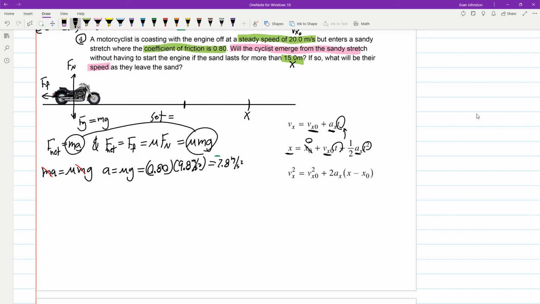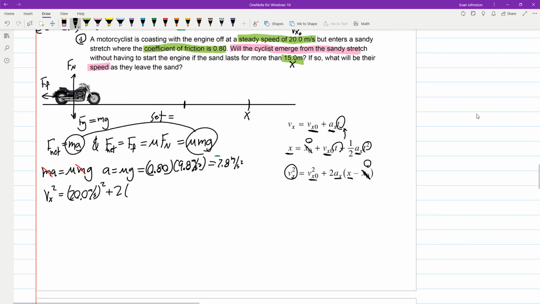We want to find out how fast it's going. So we have that. We know how fast it's going in the beginning. We know the acceleration. We know it's going 15 meters, and we know that we get to call this 0. So I'm going to use this third equation. This is definitely the path of least resistance. It'll be a lot easier. So we have that our final velocity squared is equal to, well, it starts at 20 meters per second, so 20.0 meters per second squared, plus 2, and my acceleration, it's negative because it's slowing the thing down.